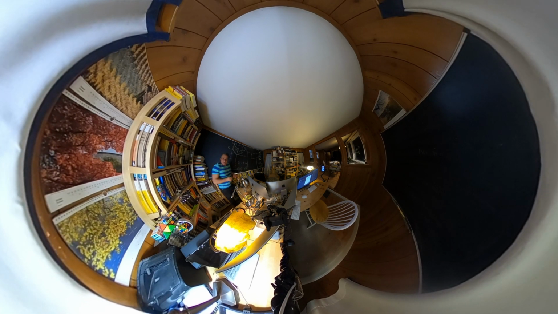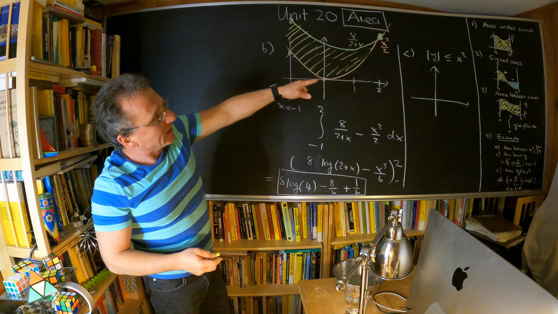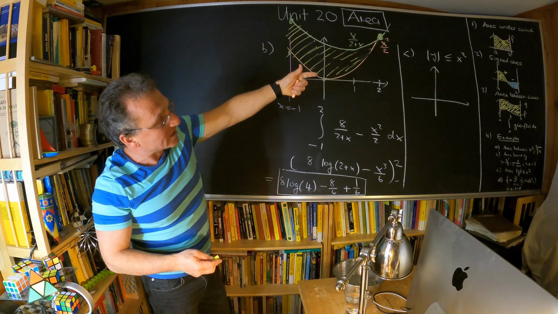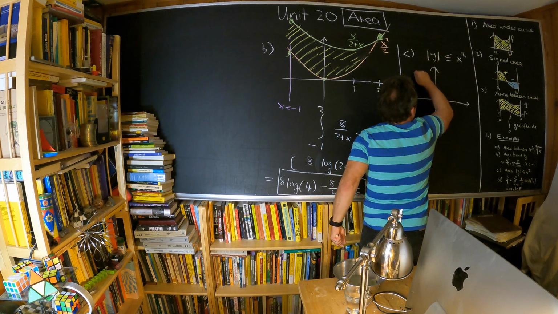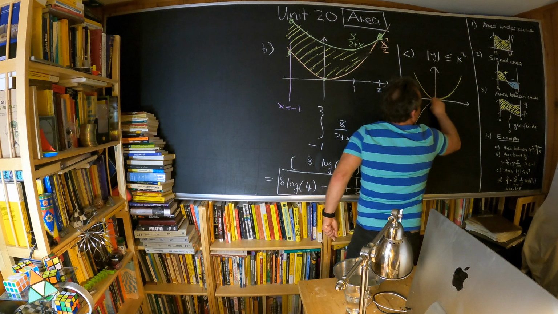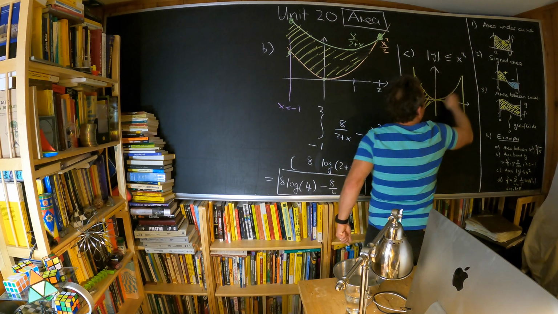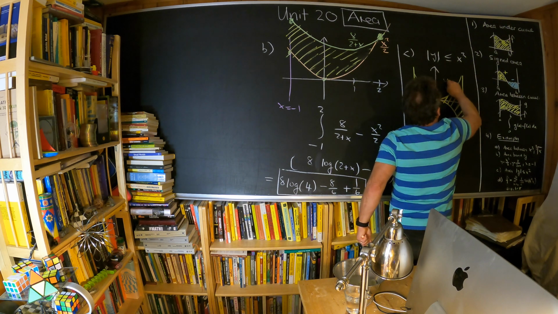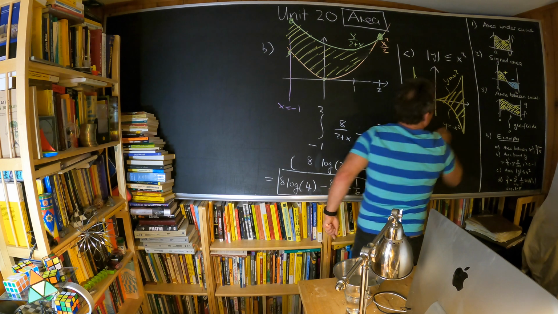When you put an absolute value, it's not so clear what is happening. You have to think about it. It means that if y is positive, y is smaller than x squared. But it can also be negative. So it is something like that. So it's this area. This is y equal to x squared, and this is y equal to minus x squared.